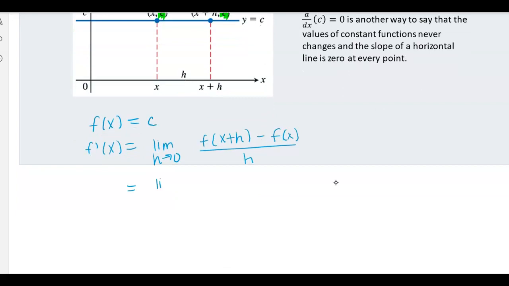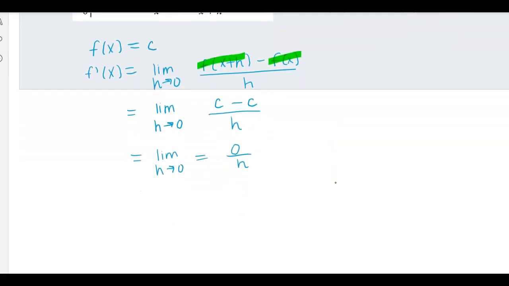So what we'll have here is c minus c. In both of these cases, we just get that constant as the output, over h, or the limit of 0 over h, so we don't need to worry about plugging 0 in for h.